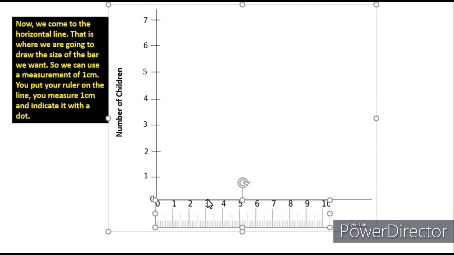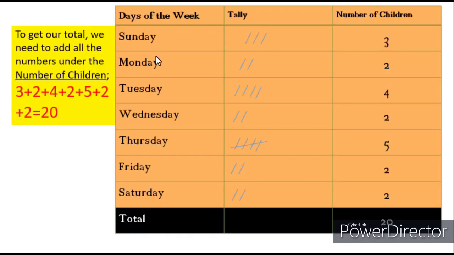From 2 to 3 another dot. 3 to 4 a dot. 4 to 5 a dot. 5 to 6 a dot, and then 6 to 7 a dot, and we are getting 1, 2, 3, 4, 5, 6, 7. Why 7? Because in our case here we use the days of the week, and the days of the week are 7. Okay. Let's move on, please.